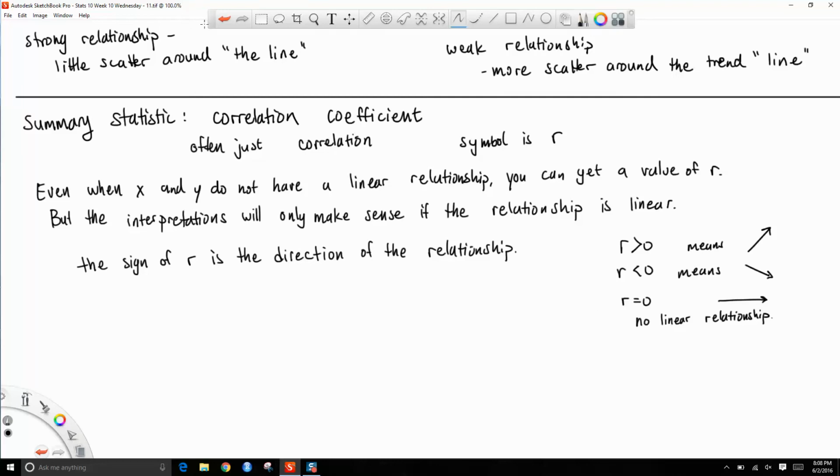Okay, and then R can take on values between -1 and 1. So R is always between -1 and 1. If R is close to 0, the strength is weak.